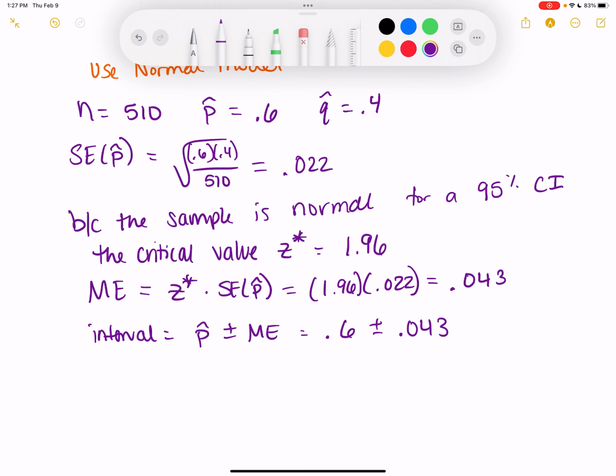If it wanted you to write it out, because sometimes it will, you would solve this. 0.6 plus 0.043 would be 0.643, and 0.6 minus 0.043 would be 0.557. So that would be your interval, but the number above is how you find it. It just depends on what the question asks. When you do it on your calculator, it's going to give it to you like this.